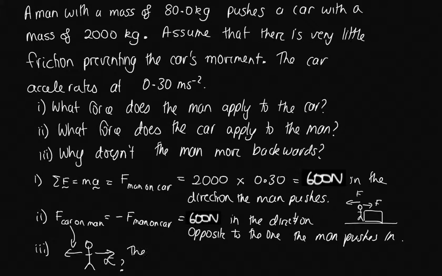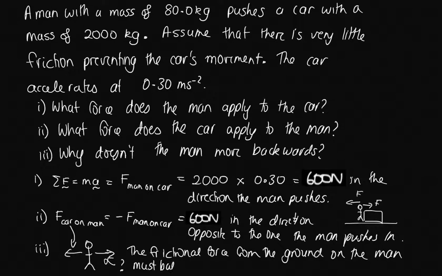So the frictional force from the ground on the man must balance the force of the car on the man. So part 3, there is a frictional force and it's pushing the man forwards, which is equal and opposite to the force of the car on the man, and hence the man does not move.